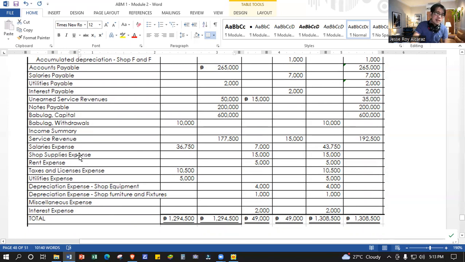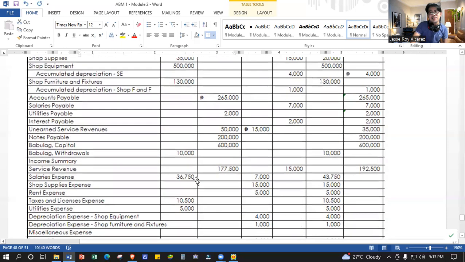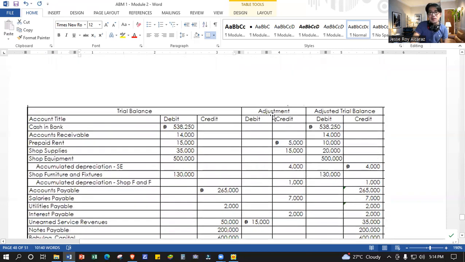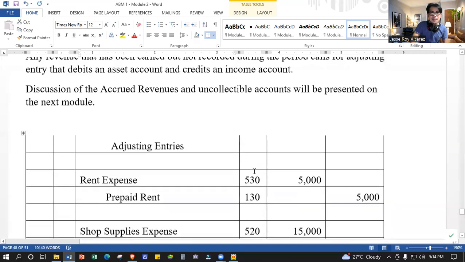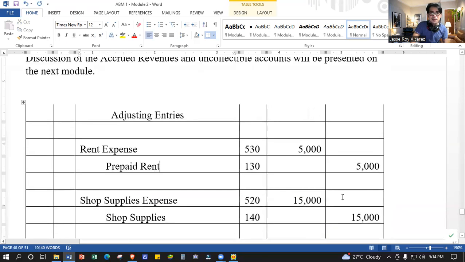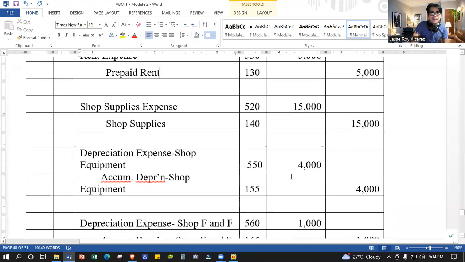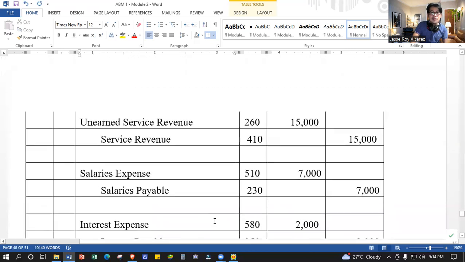We'll be adding account titles that are missing, and then the amount will be recorded or transferred in the adjustment column. There is still a debit and credit. So, for example, prepaid rent, credit 9,000 pesos. And then we also have a 15,000 credit for shop supplies.